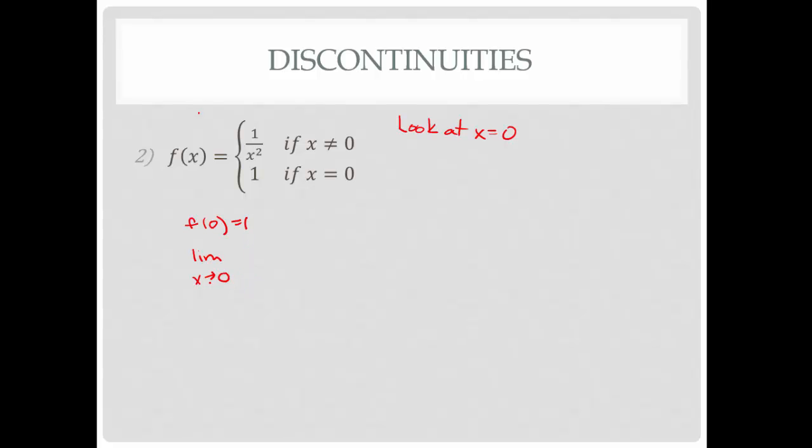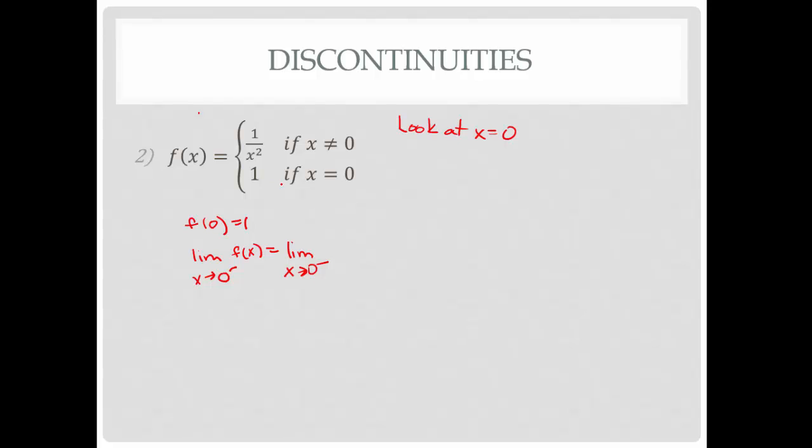So we now need to look at the limit as x approaches 0. So again, in order to verify that the limit overall exists, I have to look at both the left and the right-hand limits. So if we look at the left limit first, that's the limit as x approaches 0 from the left. I have to decide which of the two pieces to use.